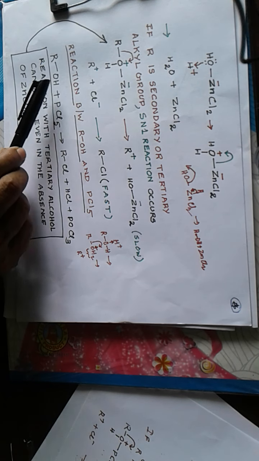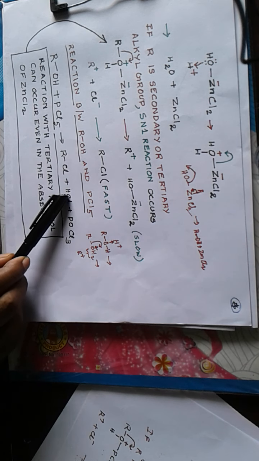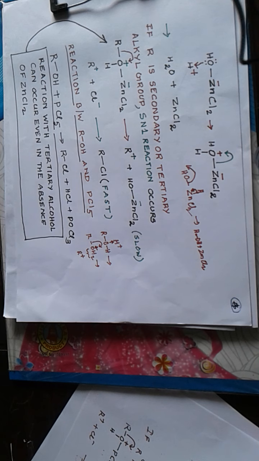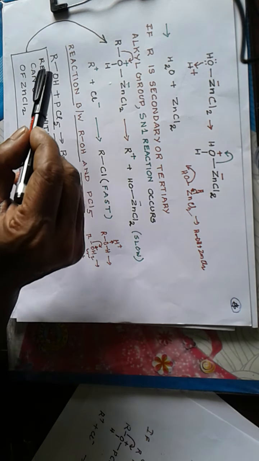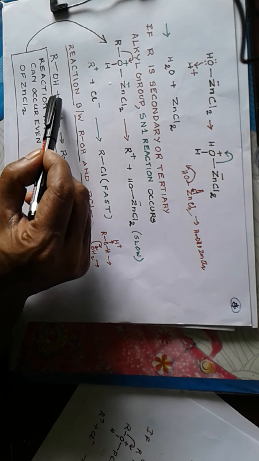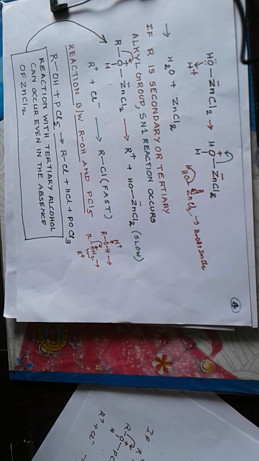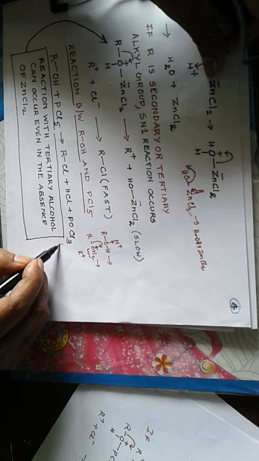Now, 1 H and another Cl combine to form HCl. So, 2 Cl are removed from PCl5. Then the oxygen atom remaining will combine with phosphorus and 3 Cl, giving POCl3, and that molecule is called phosphoryl chloride.